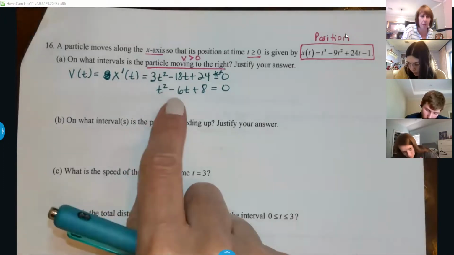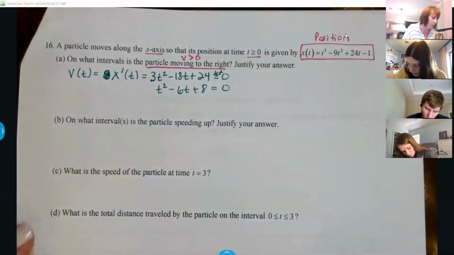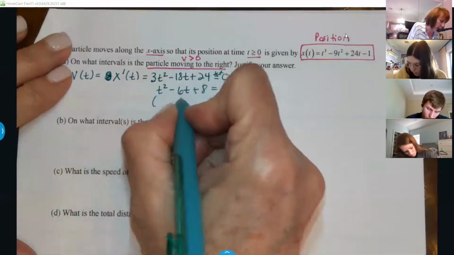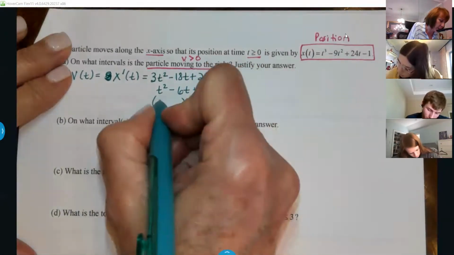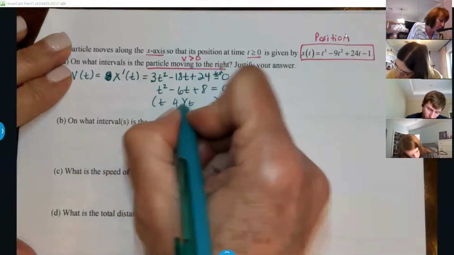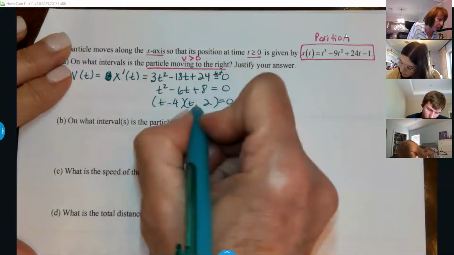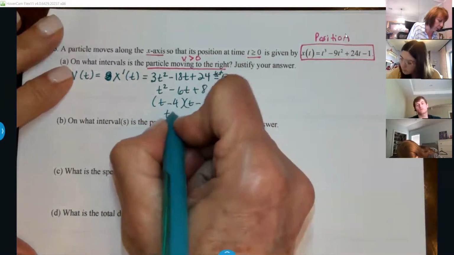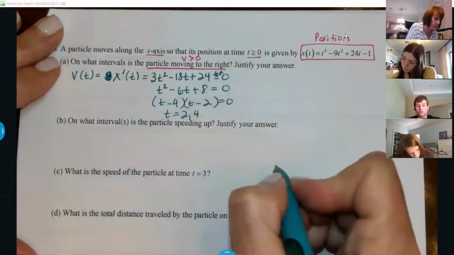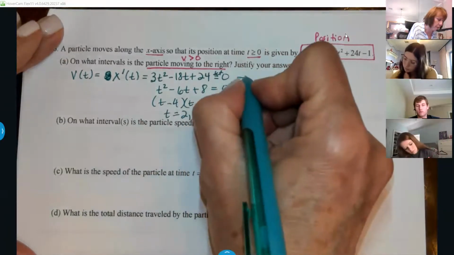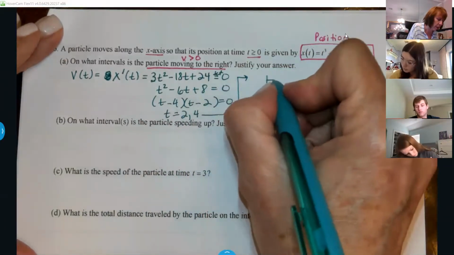So you can divide by a positive though. There's nothing wrong with that. And then we have factor time, t and t, 4 and 2, and they both need to be negative. So t is 2 and 4. Sign chart time, we're starting at 0.